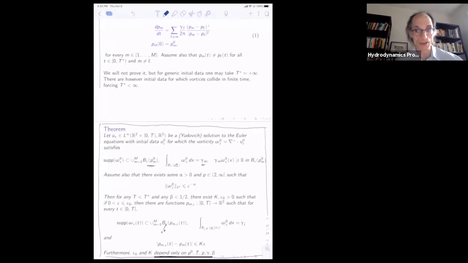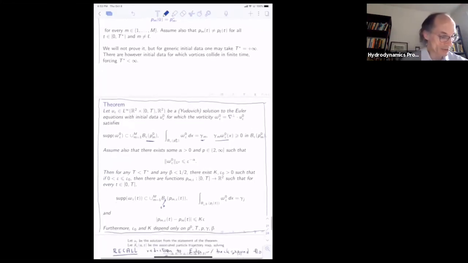In other words, whose vorticity is concentrated in balls of radius epsilon around the initial points. And we assume that if the vorticity gamma m is positive, then the vorticity in the m-th ball is positive, and vice versa. And that the vorticity doesn't change sign within any of these balls. Okay, and so here's the same assumption.